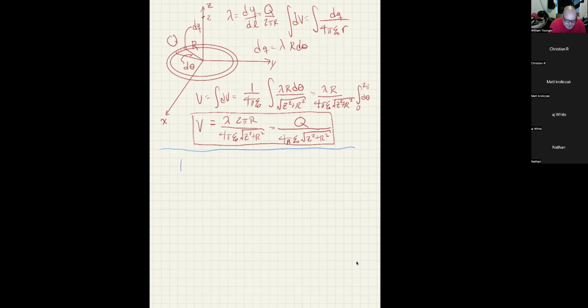So one, if you take this vector operator called del, and you cross that with, say, E, and it is identically 0, then this is a conservative field.